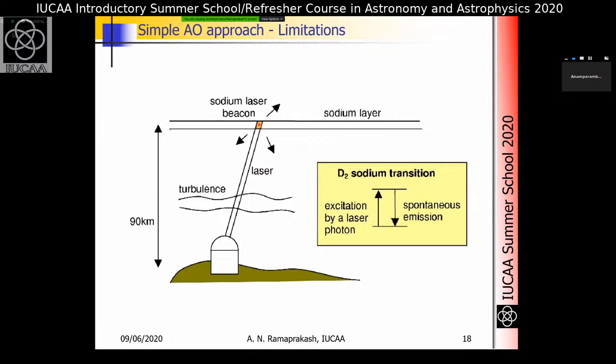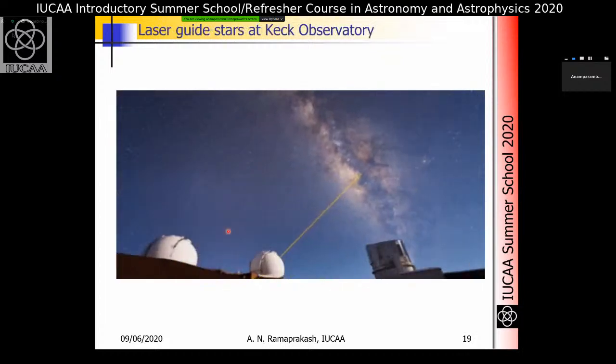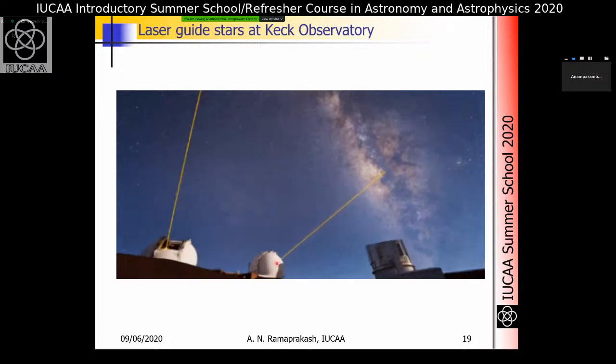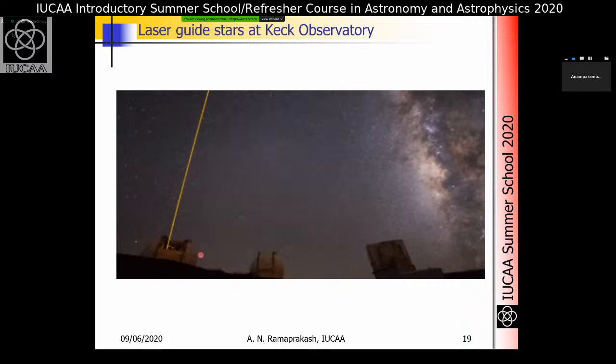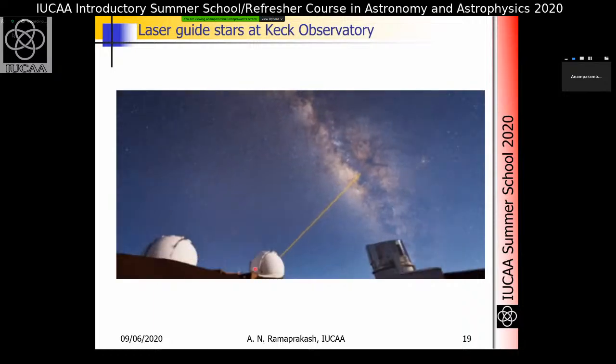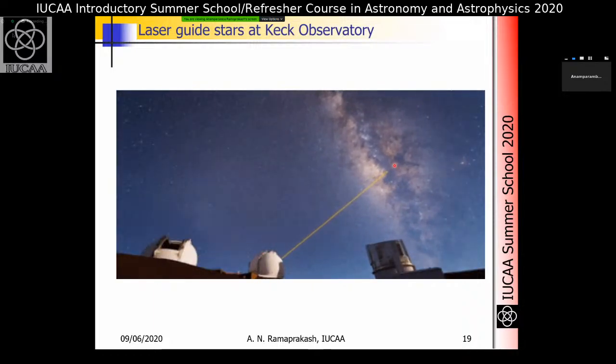And using the light coming from that artificial star as it passes through the atmosphere, you measure the atmosphere-introduced distortions and then correct for it using the adaptive optics system. So this is what is shown here. I showed you this image of the twin Keck telescope on top of Mauna Kea in Hawaii. You can see two lasers from each of these telescopes shooting into the sky.